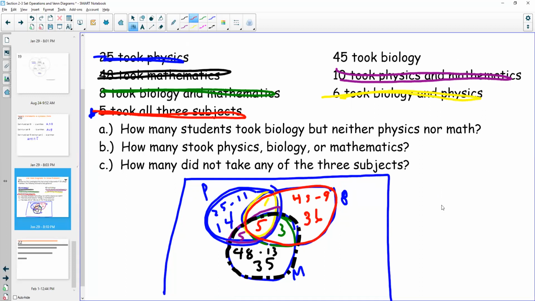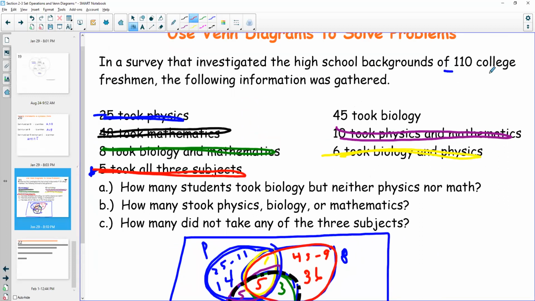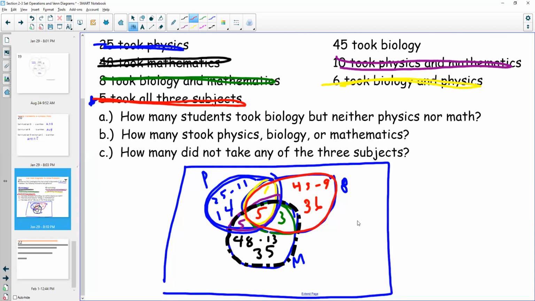But I have something I didn't do yet. There were 110 kids asked. So do I have 110 kids accounted for here? I don't know. We should check. 14, 36, 1, 5, 5, 3, 35.